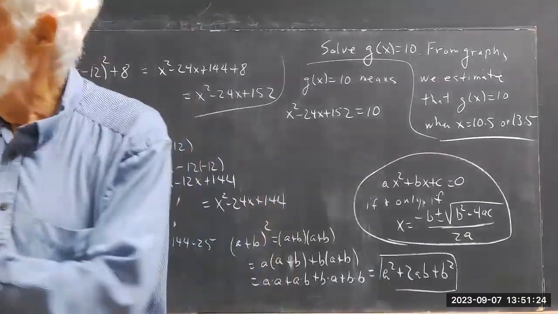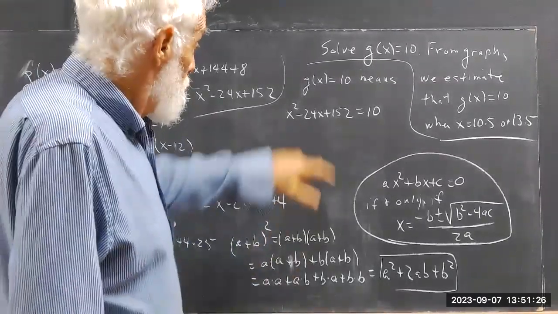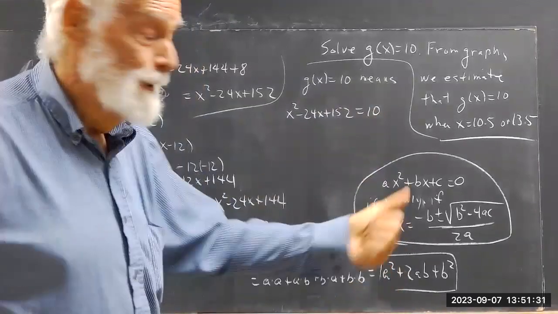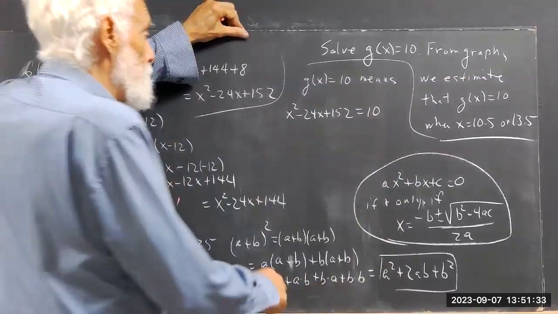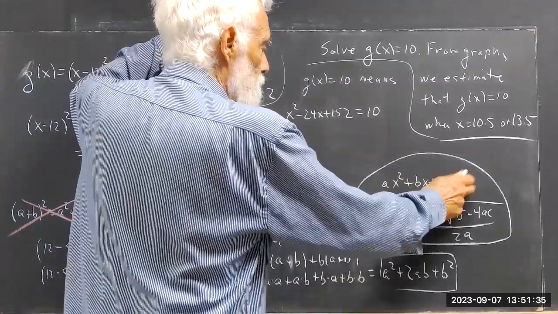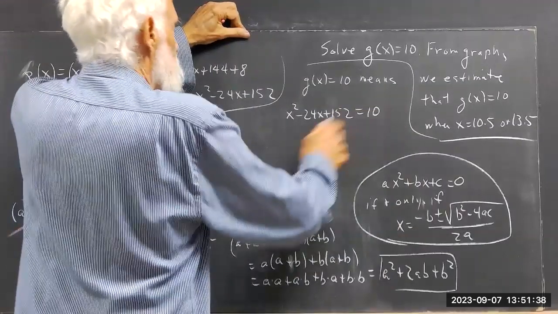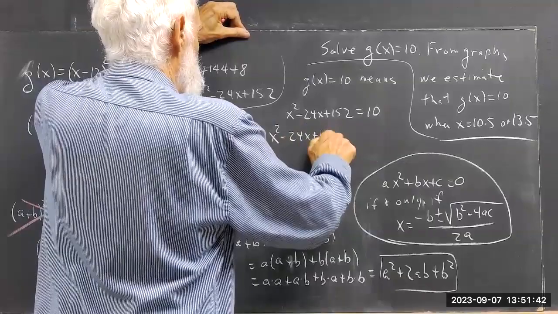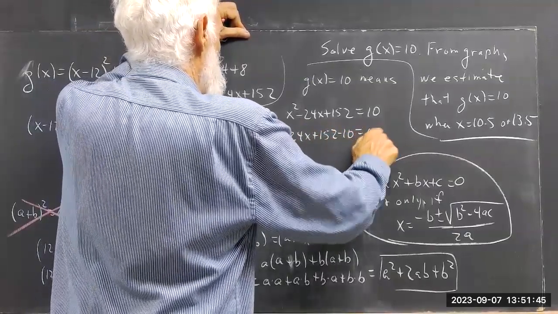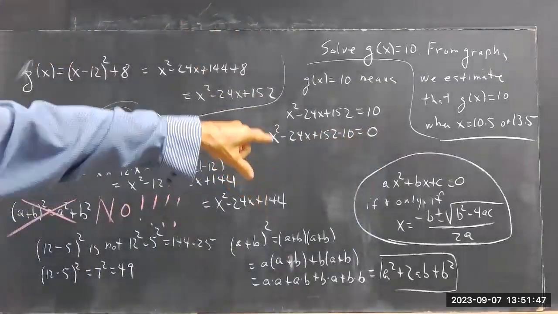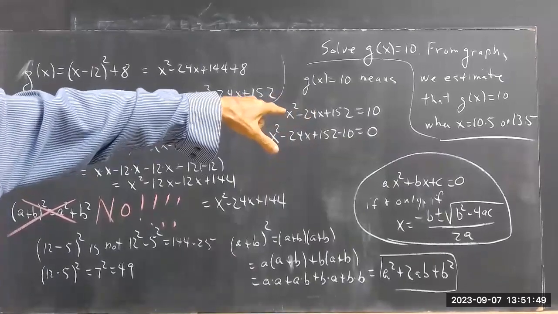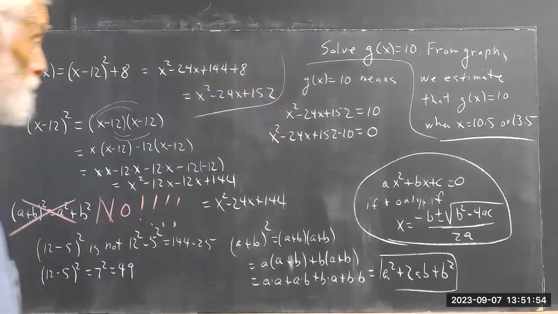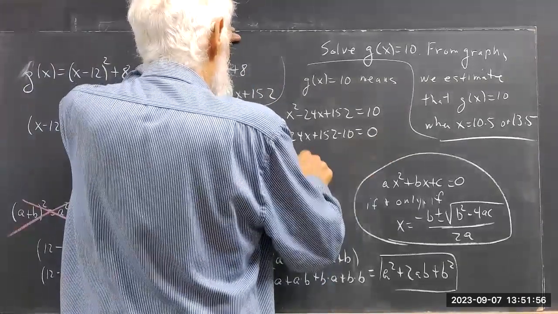Now, key to using the quadratic formula, and this should be review of something you once knew: we have to put it in this form, which means you've got to have 0 on this side. You've got to subtract that 10 from both sides. You might not remember it, but you know it now, right? Okay, 152 minus 10 is easy.